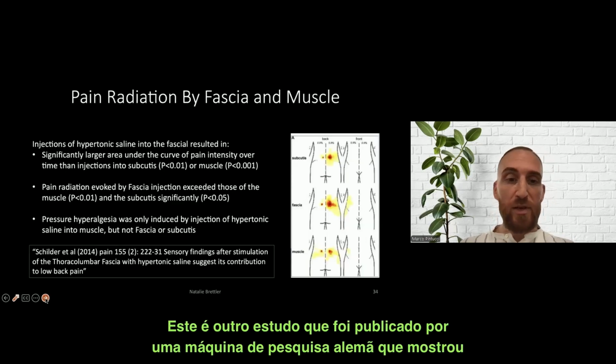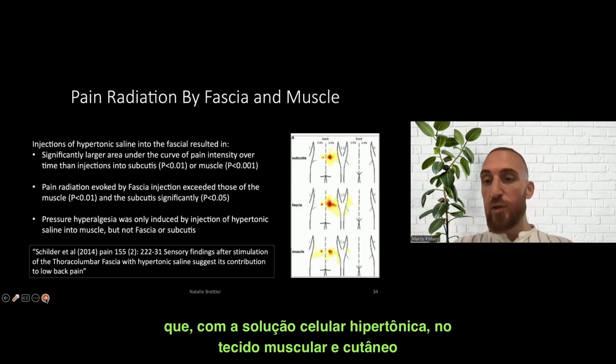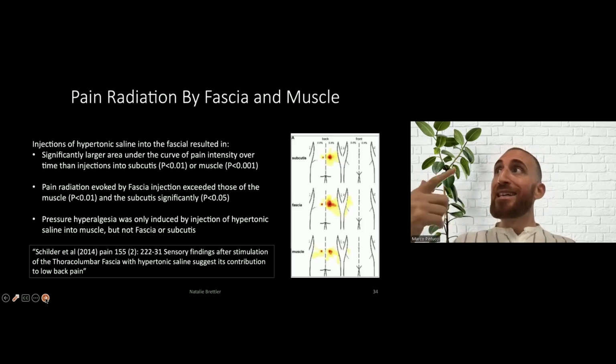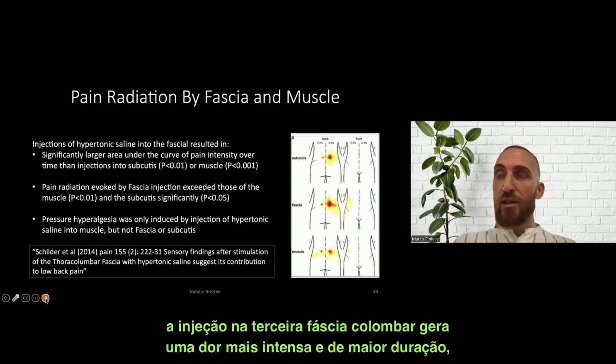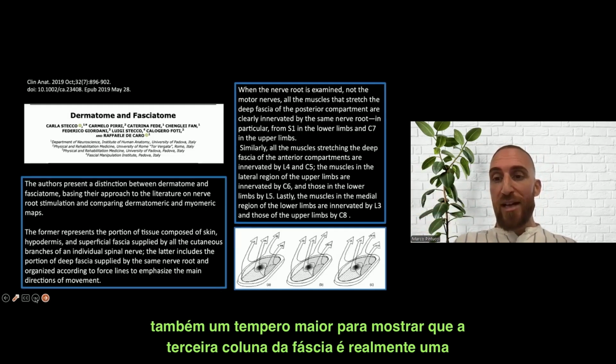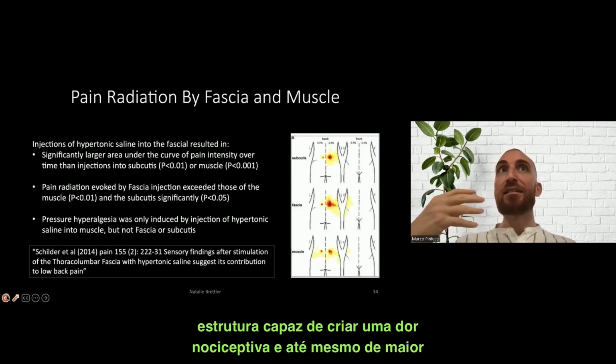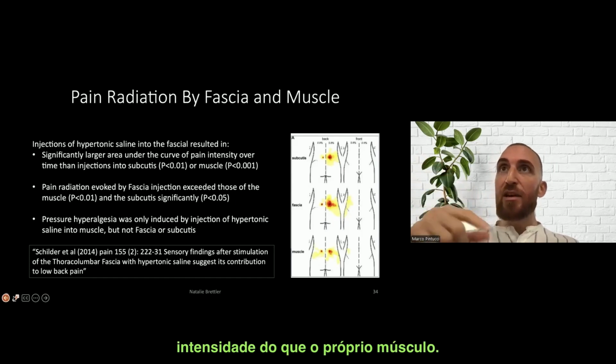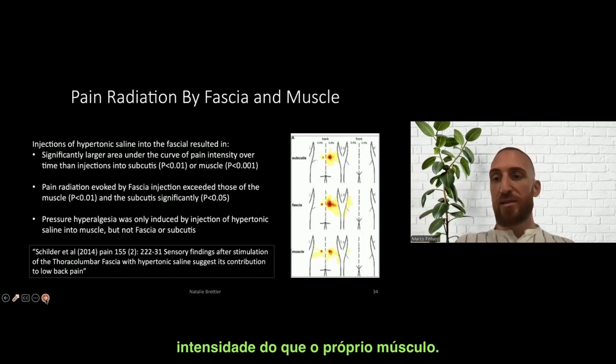This is another study, published by the German researcher Schindler, that showed that with hypertonic saline solution in the muscle, subcutaneous tissue, and thoracolumbar fascia, the injection in the thoracolumbar fascia creates a more intense pain with longer duration and also a larger spatial irradiation, showing that the thoracolumbar fascia is really a structure that is able to create nociceptive pain, and even of greater intensity than the muscle itself.